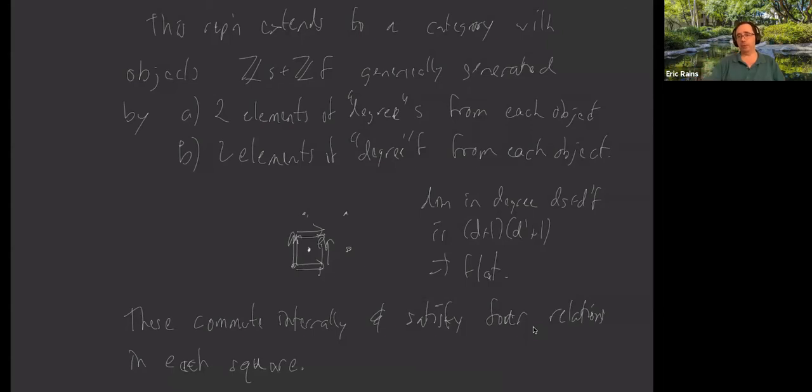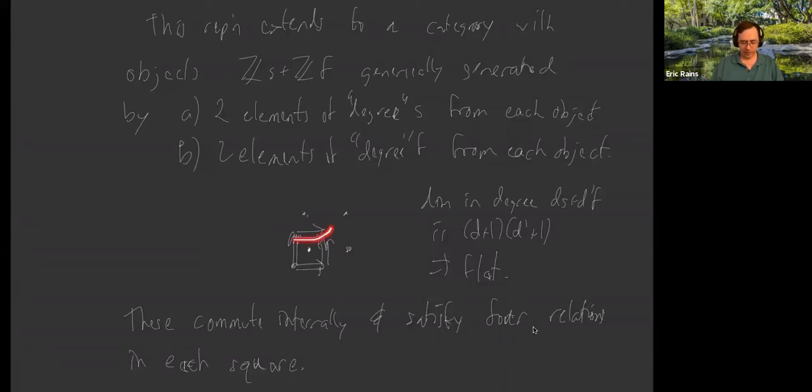But in any case, we get this analog of a P1 cross P1 for any elliptic curve. It turns out the two parameters are, you basically have two degree 2 line bundles and one degree 0 line bundle to specify this data. So the horizontal things are a section of a degree 2 line bundle, and the vertical things are a section of a degree 2 line bundle. And then when you move around, you twist your degree 2 line bundle by this degree 0 line bundle.